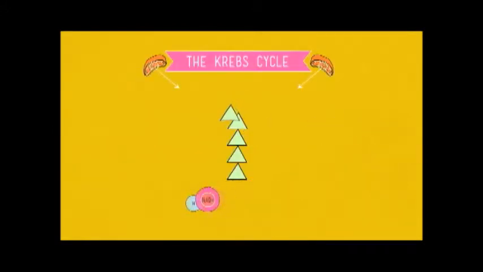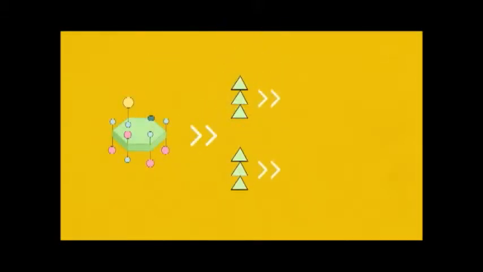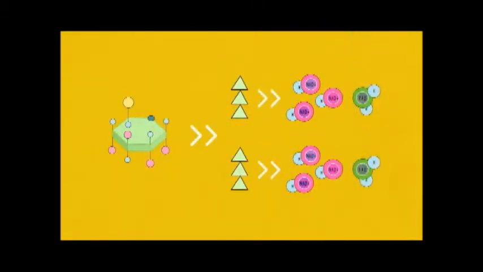The acetyl-CoA goes inside the Krebs cycle, and when it joins a carbon molecule, the coenzyme A is released. Through the cycle, 4 carbon dioxide, 2 ATP, 6 NADH and 2 FADH2 molecules are produced.